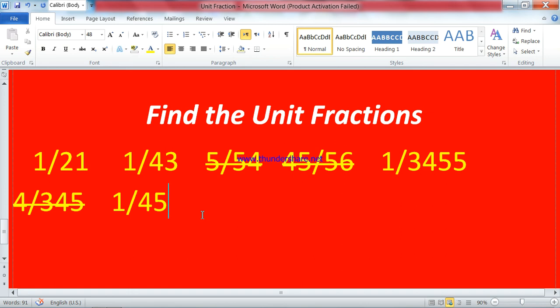If we just see the numerator, we don't have to relate anything with the denominator. If 1 is the numerator, it will be a unit fraction. If 1 is not the numerator, it will not be a unit fraction.